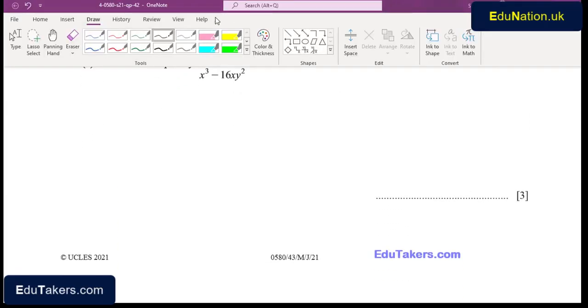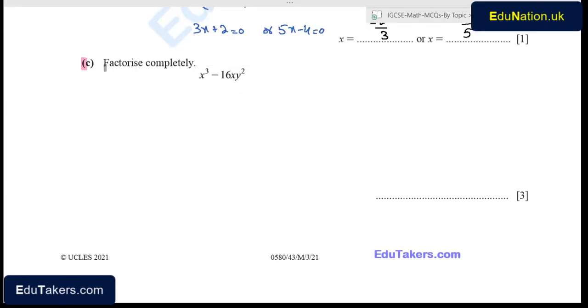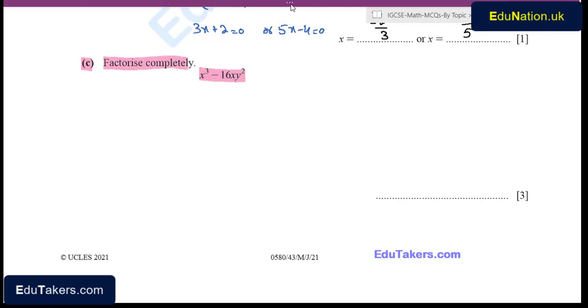Its C part is factorize completely x³ − 16xy².